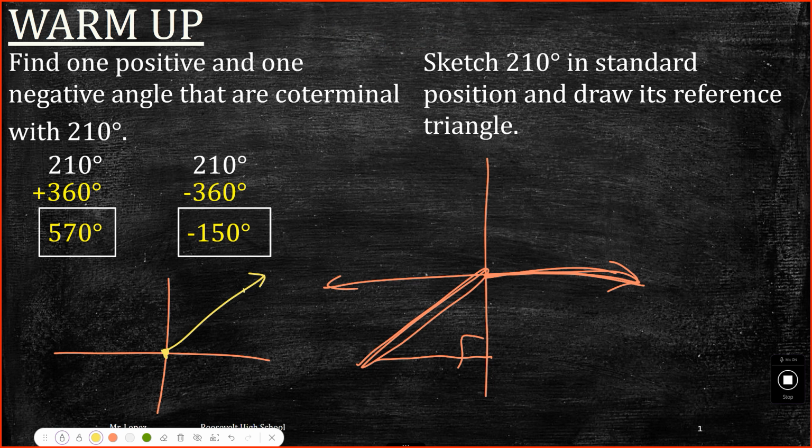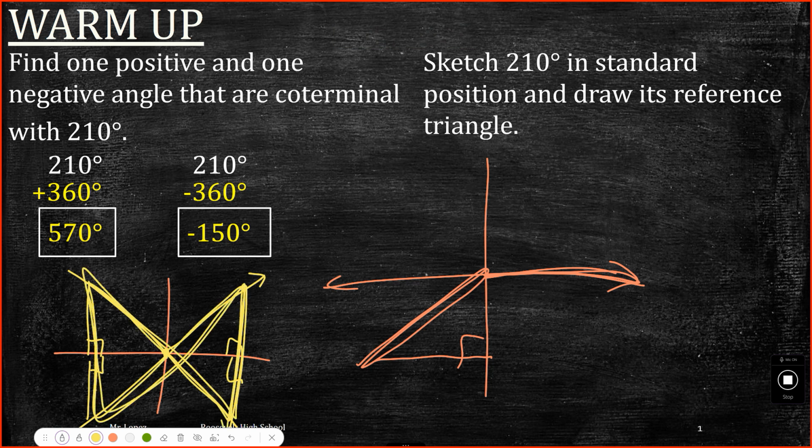One of the four parts of a bow tie. It's gotta be that. If you end up over here somewhere, it's gonna be this. If you end up anywhere over here, it's gonna be this part of the bow tie. This is called a bow tie, a butterfly.